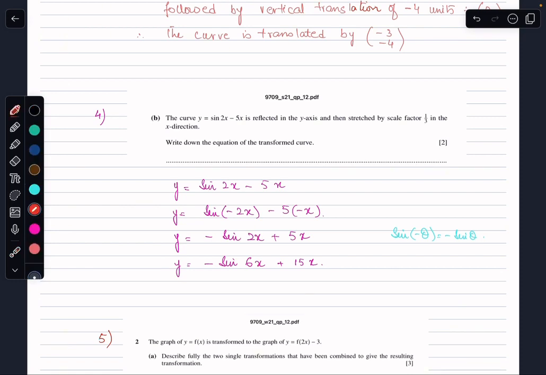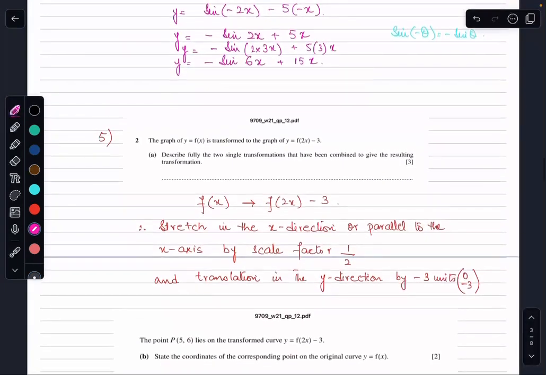So I should say that it is minus sine of 2 times 3x plus 5 times 3 times x. Therefore, the final answer is going to be y equals negative sine 6x plus 15x. This is the final transformed equation for the curve. Moving to the next question.